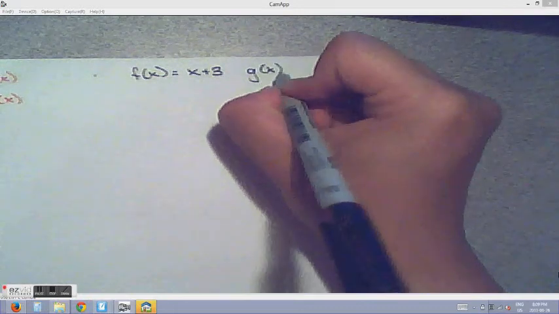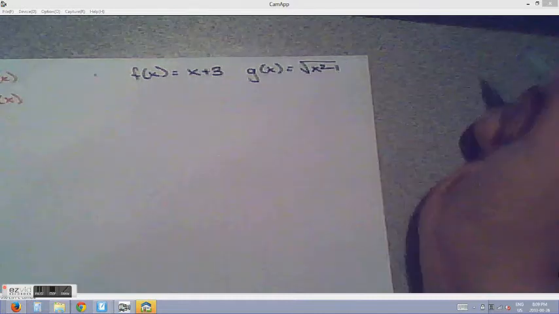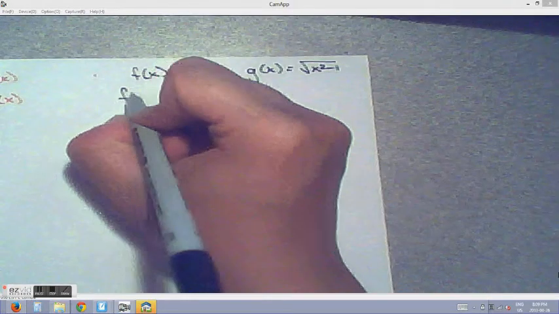And what we'll have here is f at x is equal to x plus 3. G at x is equal to the square root of x squared minus 1. F primed at x is then equal to 1.